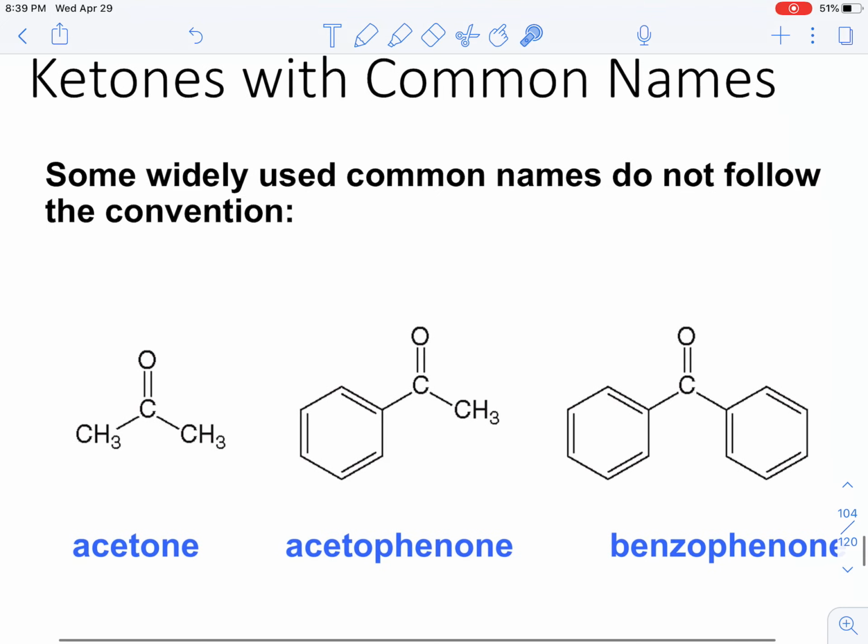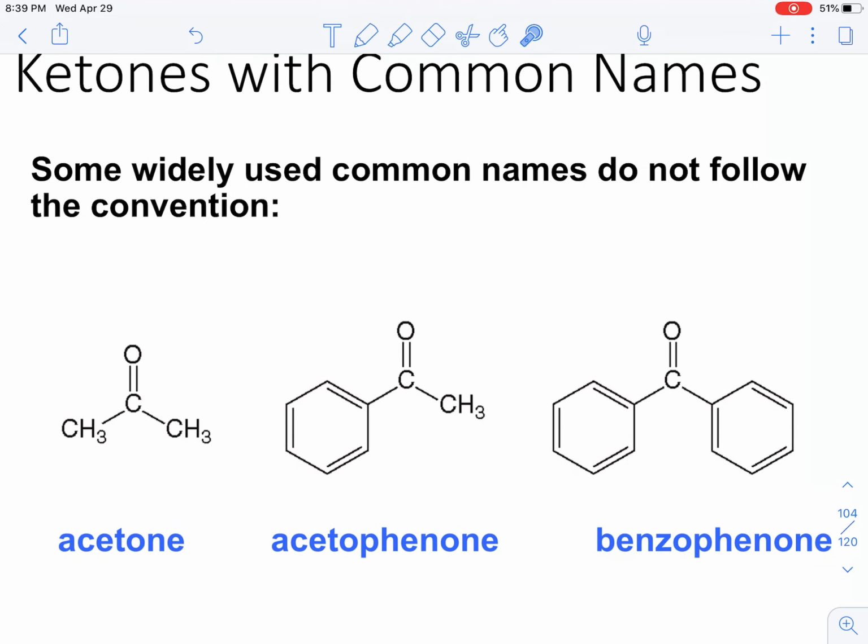And so here in this case, if we have a 3-carbon ketone, the name of this would be acetone. If you have a 3-carbon ketone, but one of the R groups is going to be a benzene ring, this is going to be acetophenone.